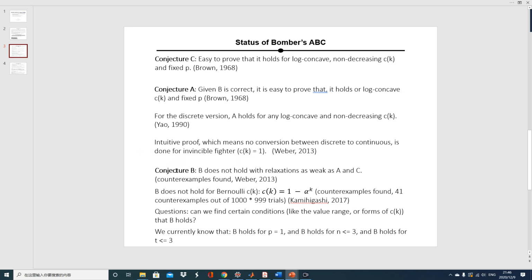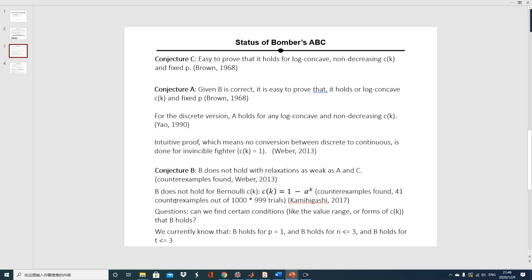Conjecture B is the most difficult part among A, B, and C. Now we know that if we still say non-concave and non-decreasing ck, B does not hold. If we have a stronger constraint like ck equals this particular ck, we can still find a few counterexamples.